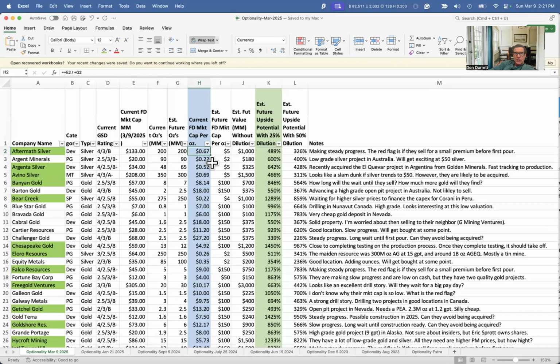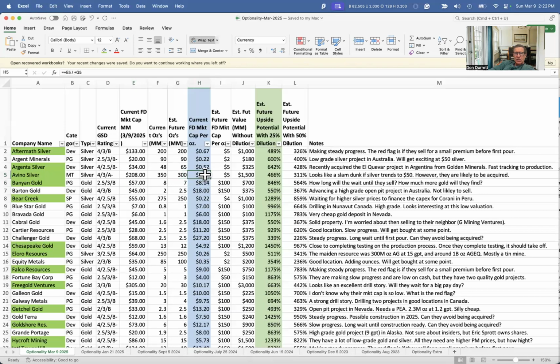So it's E times G, what I consider the current value. Avino, for instance, I'm not giving them full credit for 350. I'm only giving them 300, which is 69 cents an ounce at the current market cap, 208.